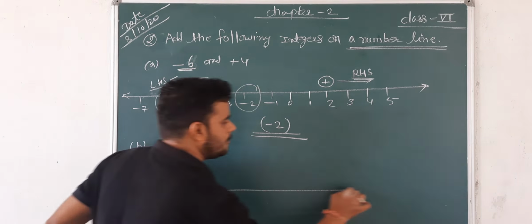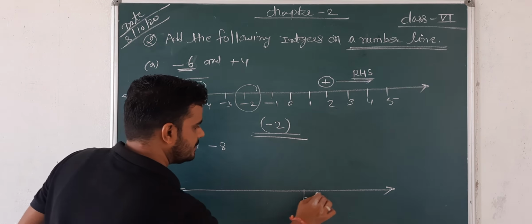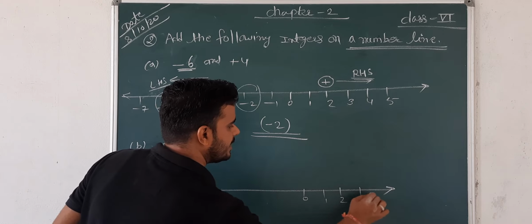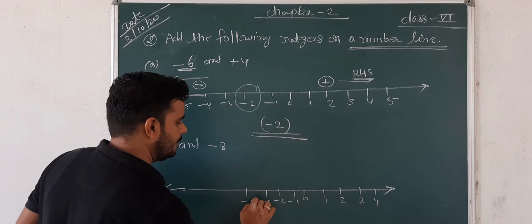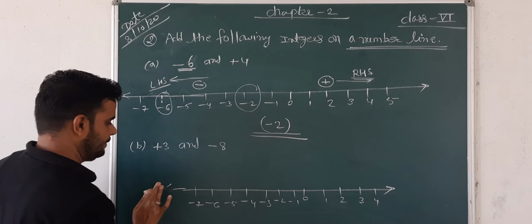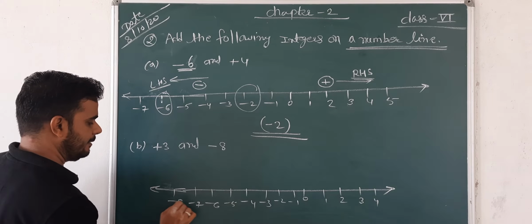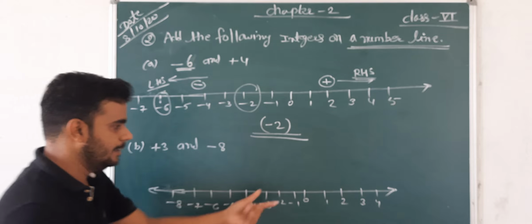Same here also, just see. 0, 1, 2, 3, 4, negative 1, negative 2, negative 3, negative 4, negative 5, negative 6, negative 7 and negative 8. Okay, so the first number is positive 3. Then where is positive 3? Here.